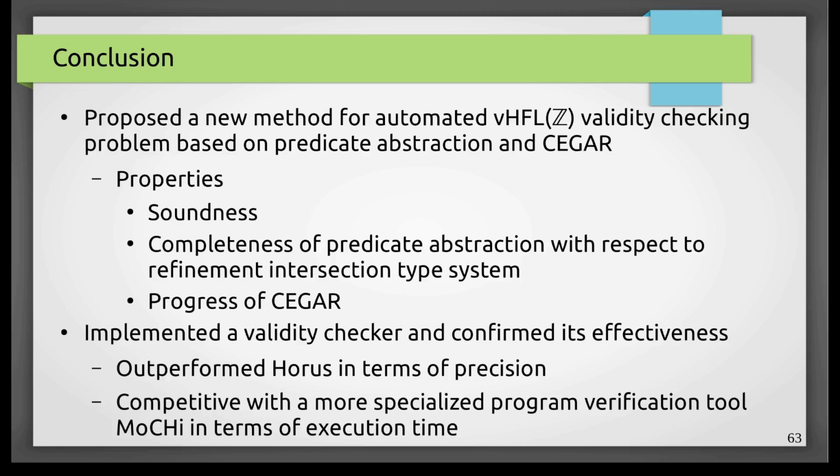We also implemented a validity checker. Our validity checker outperformed Horus in terms of precision and is competitive with the more specialized program verification tool MoCHi in terms of the execution time.